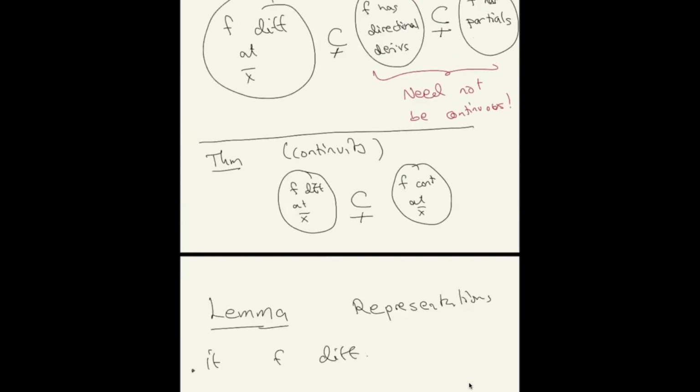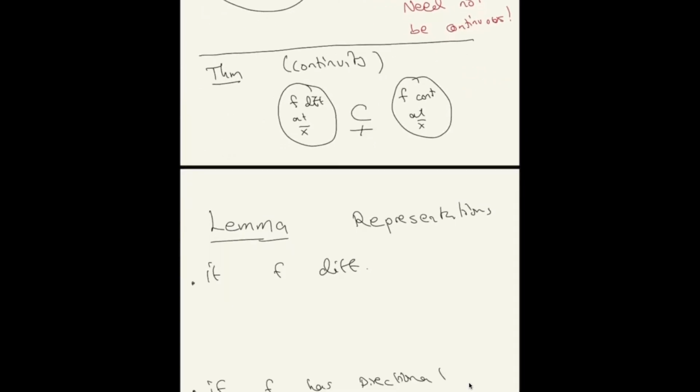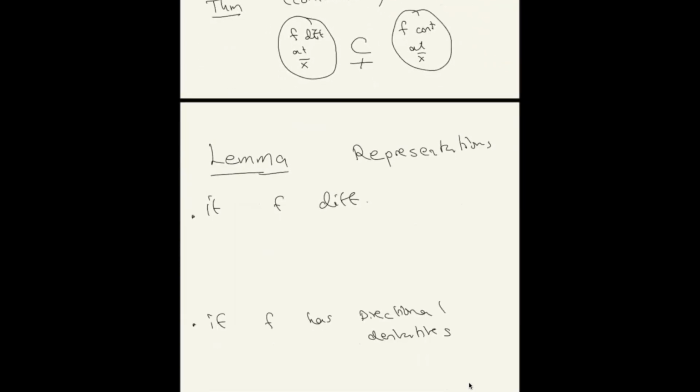But in this hierarchy, there should be a way of recovering the directional derivatives from the full derivative and the partial derivatives from the derivative. So if f is differentiable, well, the derivative is given by this map A_x bar of h.